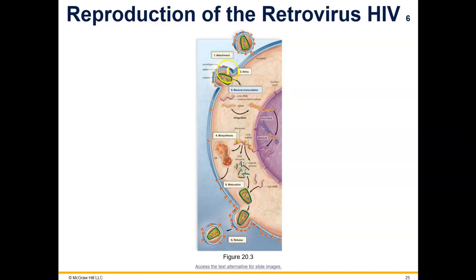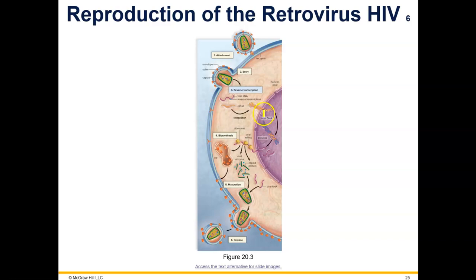The entry is by endocytosis, and you can see how the virus is entering into the host cell. And then the next step is reverse transcription, where the enzyme reverse transcriptase, which was actually part of the virus, that little blue dot, converts the viral RNA to cDNA, which again I think stands for clonal DNA.